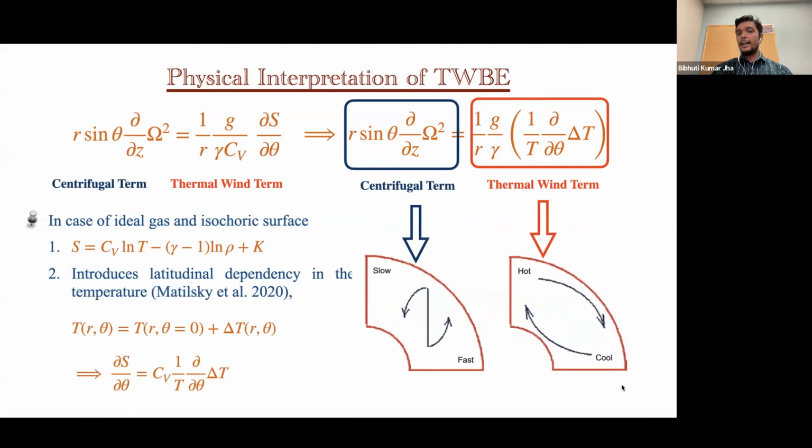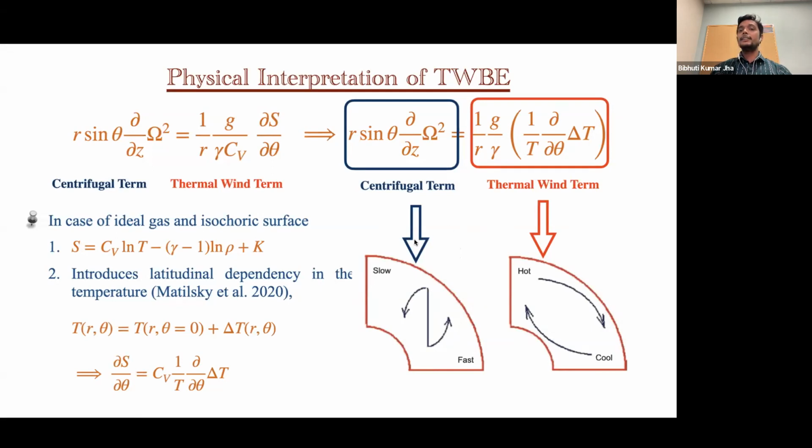Now the question is: is it possible that there is only the centrifugal term, and we get the same temperature everywhere, delta T is 0, and only the centrifugal term drives the meridional circulation? The order of magnitude calculation has shown that this cannot be the case, because the centrifugal term can drive the meridional circulation more strongly than what we observe. So the centrifugal term alone cannot be responsible for the meridional circulation.